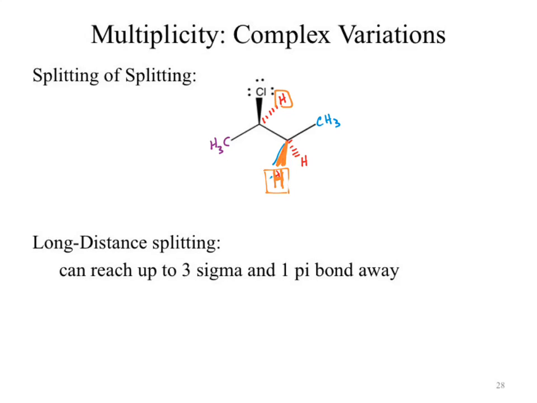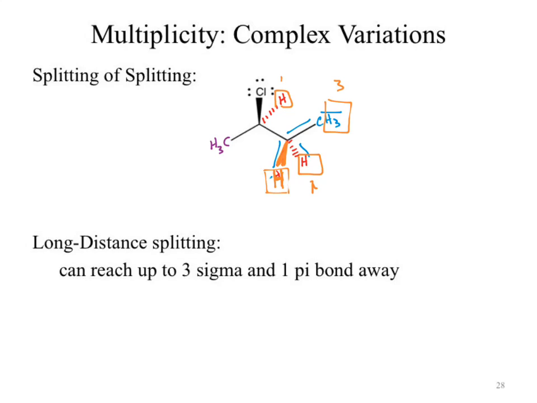So we're going 1, 2, 3. Then we can go 1, 2, technically 3 out to those hydrogens, and we've got 3 neighbors out there. What's the other issue? The hydrogen right next to it is technically chemically different. So that's another 1 hydrogen neighbor.